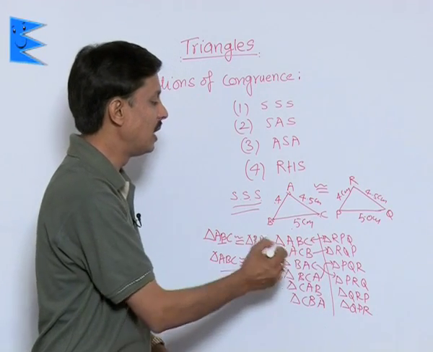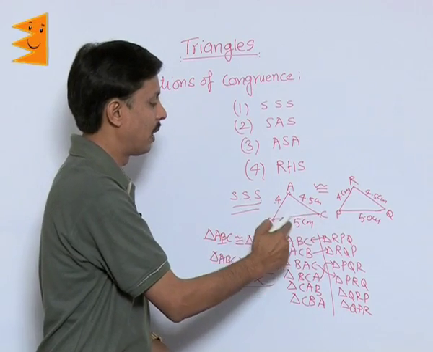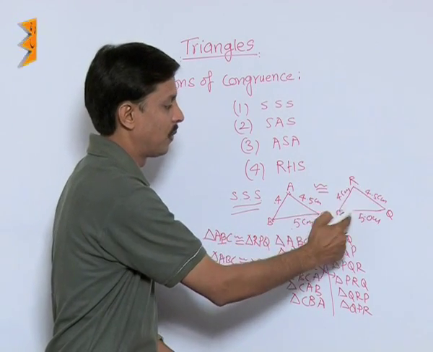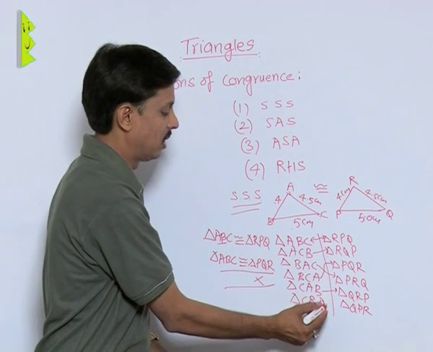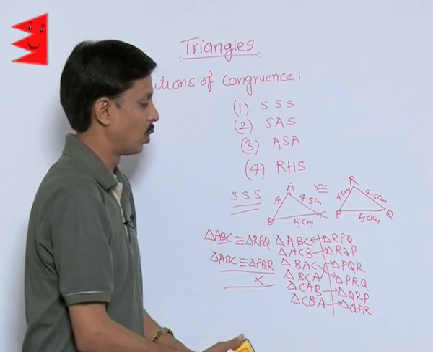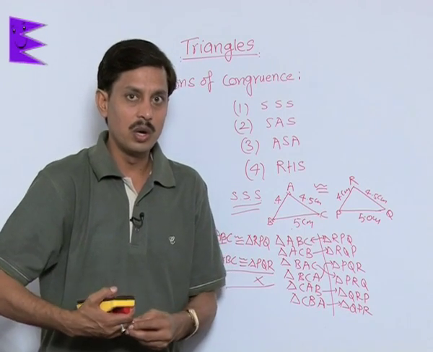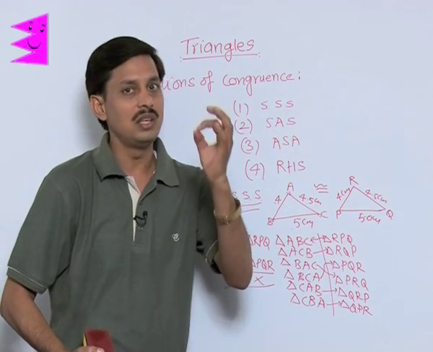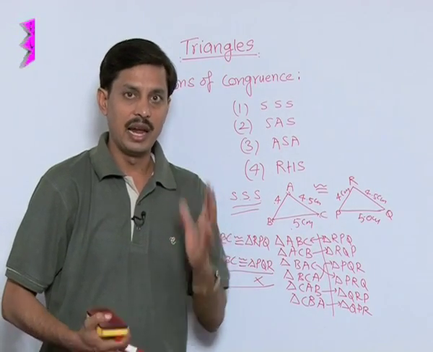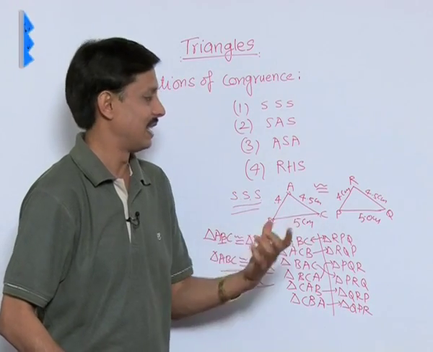Now CAB is 4.5, 4 and 5, which is QRP. So you have to conclude that the order of writing of the name in the congruency is very important, and one of the conditions I have explained to you is SSS.